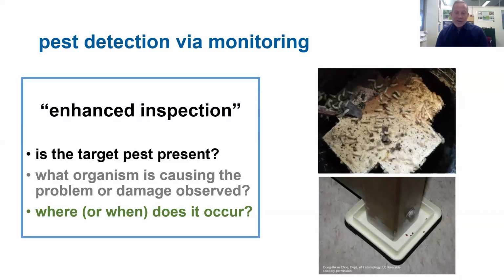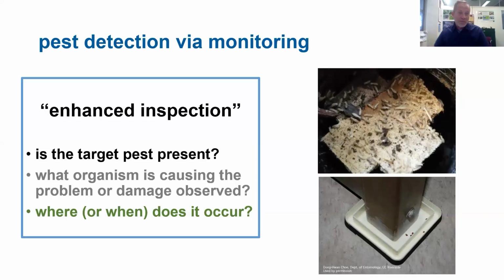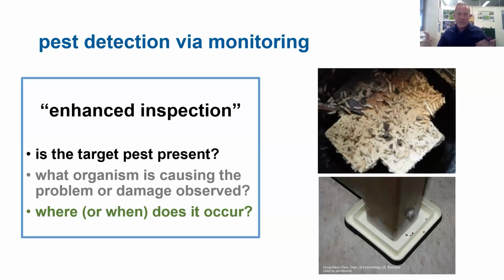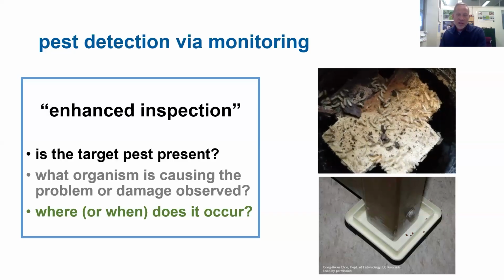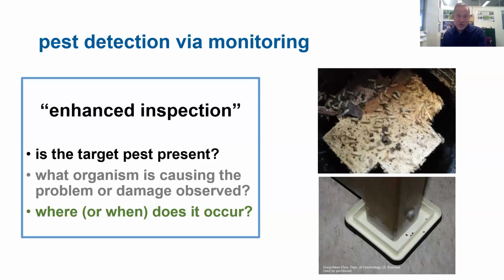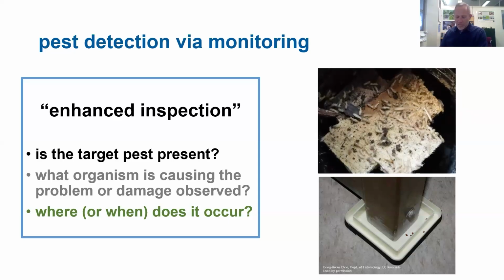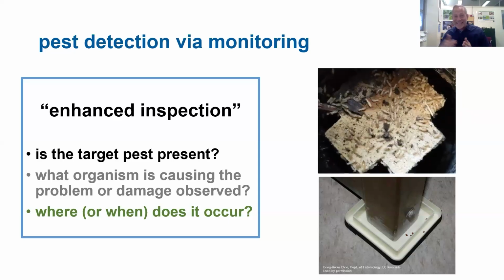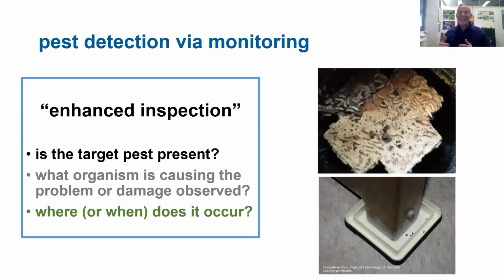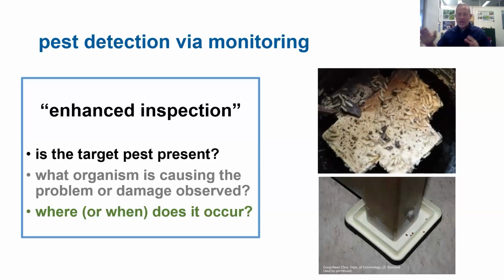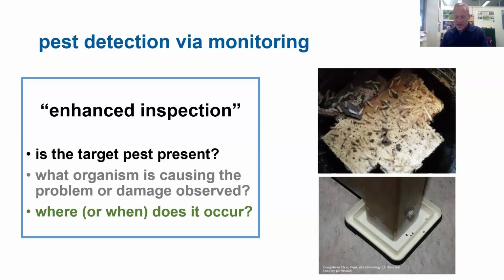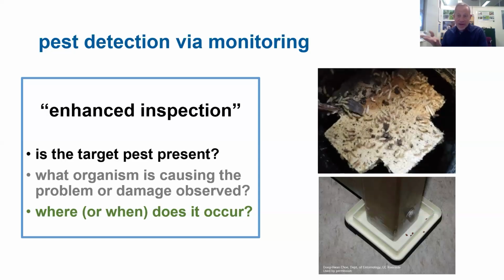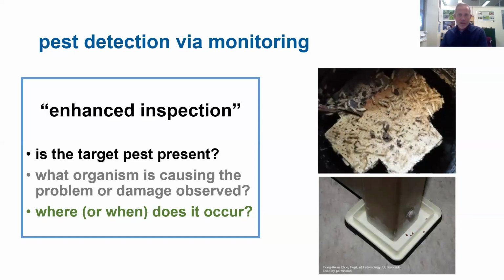It's not always going to be the mattress seam or the bed itself where they're harboring. So you may not see them during your inspection, even if you spend a lot of time and use a lot of skills. The monitor actually extends your inspection. It enhances your inspection, something you can leave there at the site and return later after some time. And you may have a target pest present.